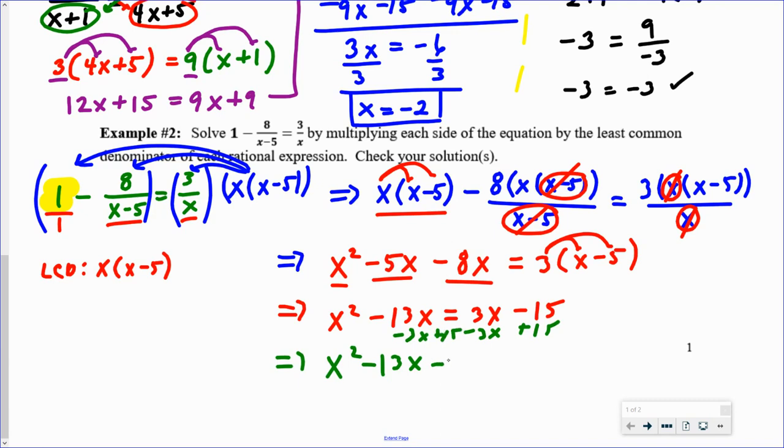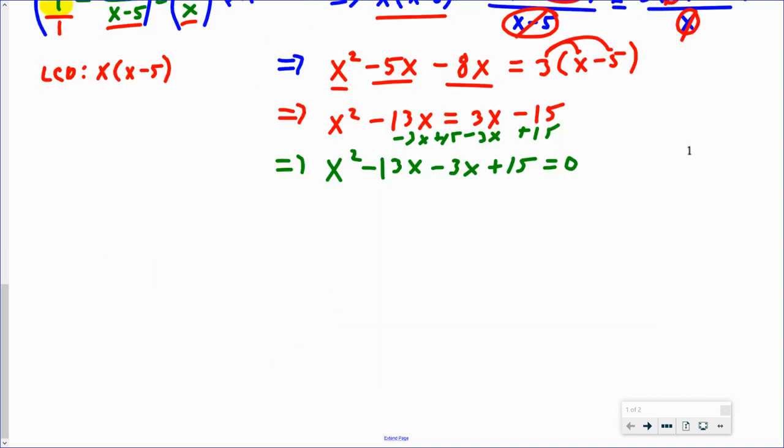So minus 3x plus 15 equals 0. All right, and again, those middle terms will combine to give us x squared minus 16x plus 15 equal to 0.